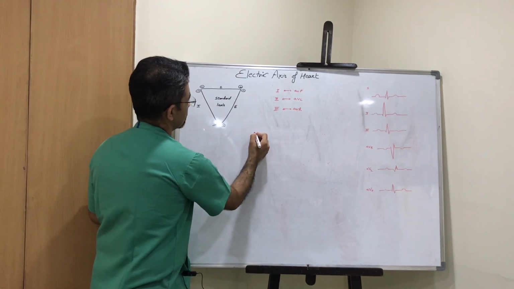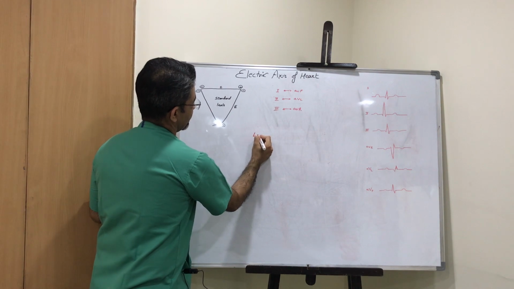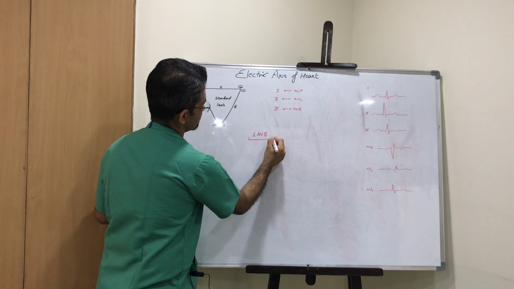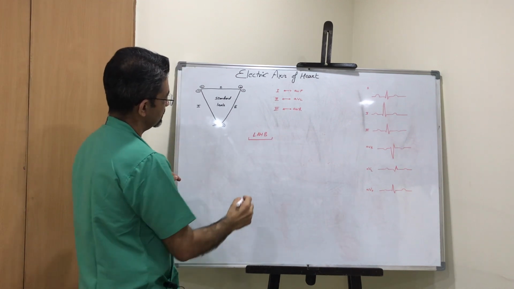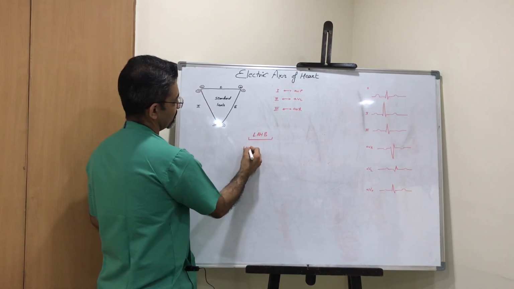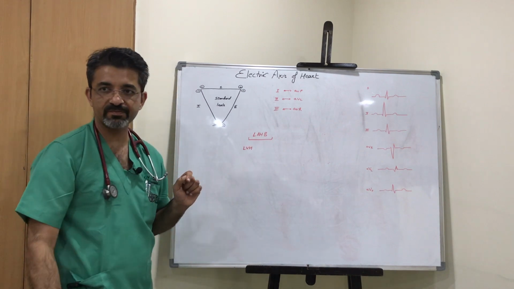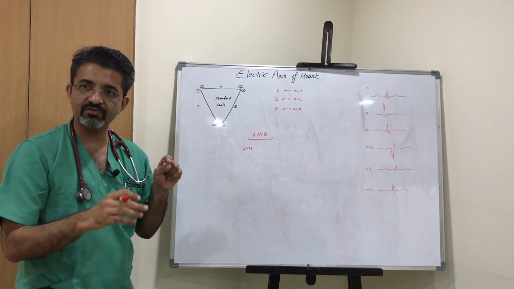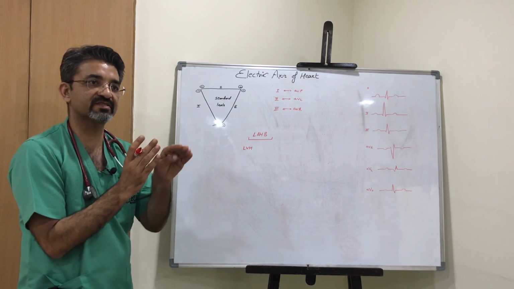In LAHB, one thing which we missed is that LVH, whenever you have hypertrophy, you can have fibrosis of LAFB, left anterior fascicle.